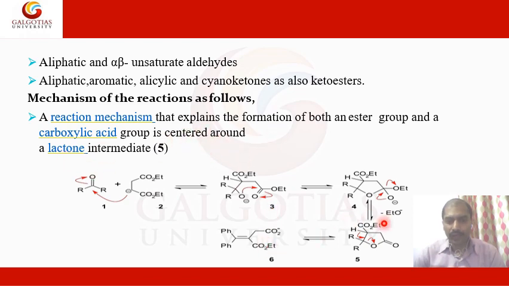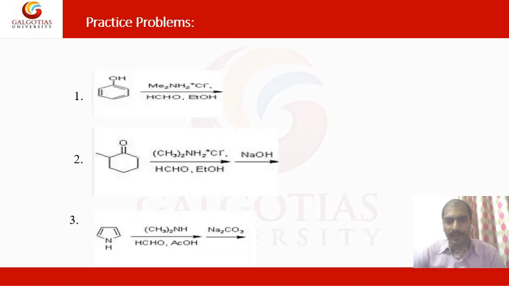This is the lactone intermediate here. After this rearrangement, you can see the negative charge will attack on the ketone. After all the rearrangement takes place, it finally makes the Stobbe product at the end of the reaction.